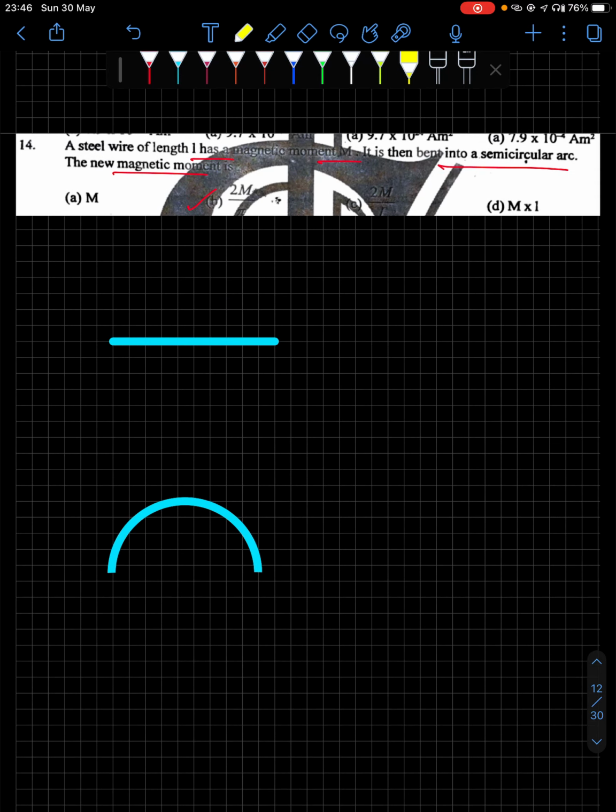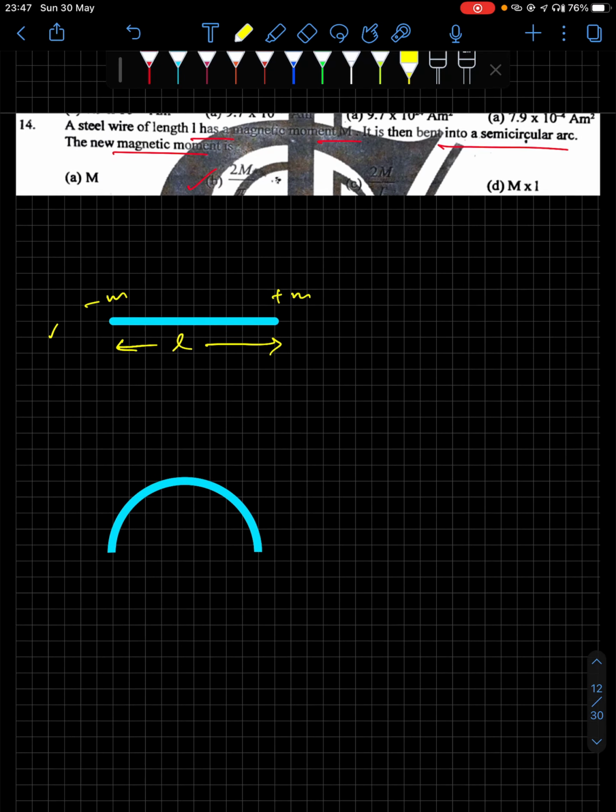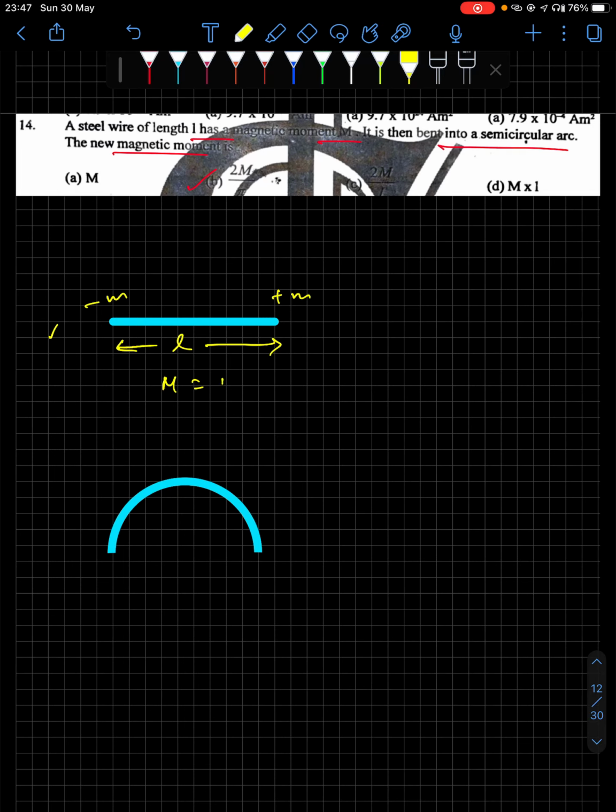Now you see, when you have a wire of magnetic moment capital M, in the first case, say this is the wire, and here minus m plus m are the pole strengths, and length of this magnet or the wire is say L. So here your magnetic moment will be mL.